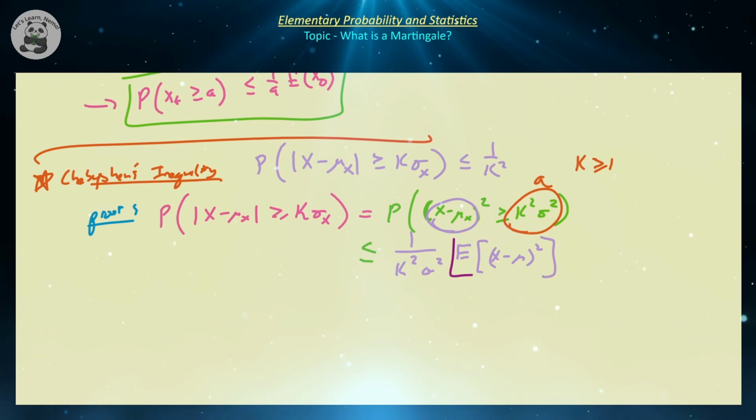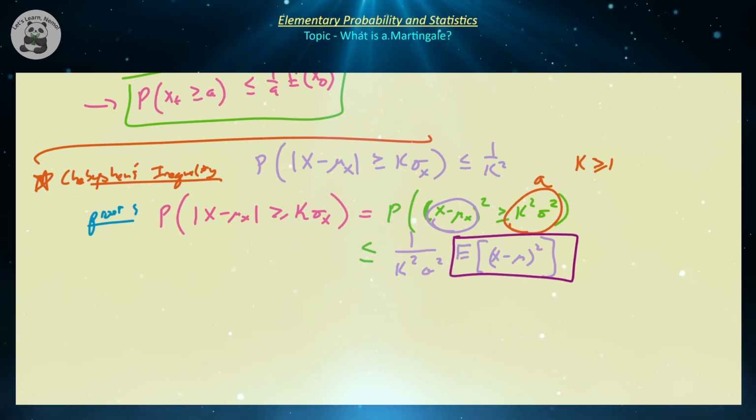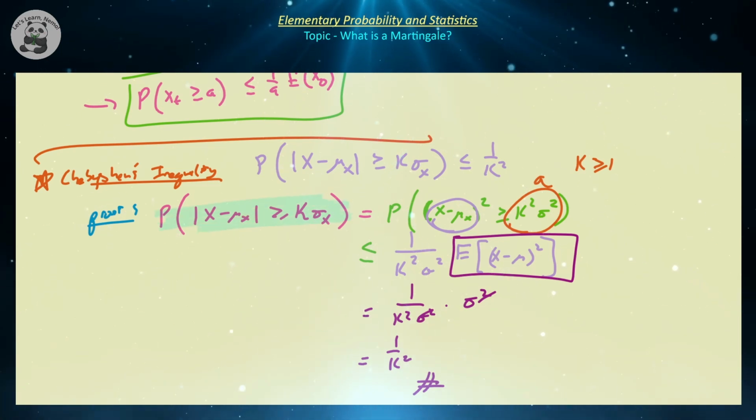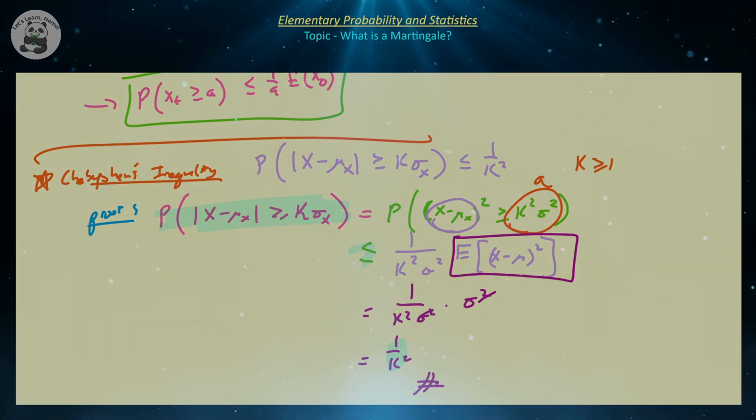But the expected value of (x - mu) squared is just precisely the variance. So that's just going to be equal to 1 over k squared sigma squared times sigma squared. And notice that these sigma squareds cancel quite nicely. And we have that this is just equal to 1 over k squared. And that completes the proof of the Chebyshev inequality. So the probability that you're beyond k standard deviations from the mean will always be less than or equal to 1 over the number of standard deviations you're actually considering.